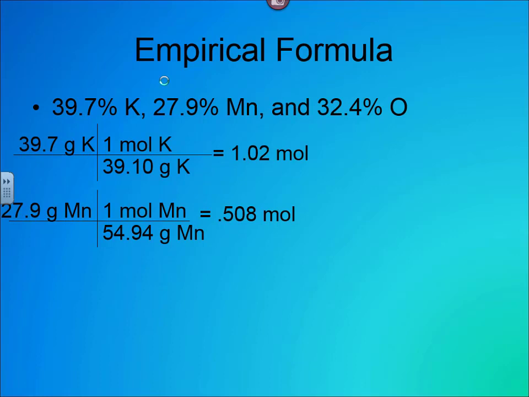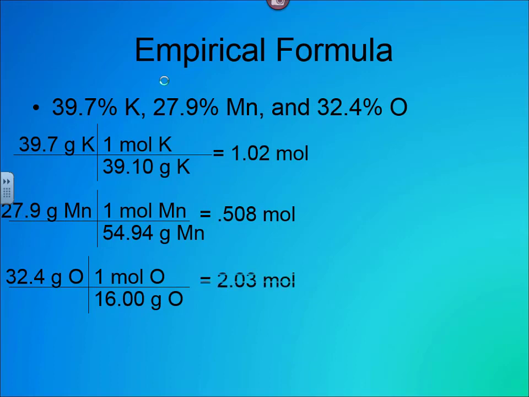And repeat one more time for oxygen. Change the percent to grams. Change the grams to moles. Look up the mass for oxygen, which is 16.00. And divide those 2 numbers.